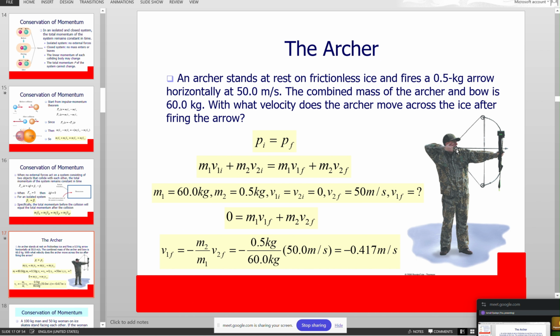So if the archer is firing an arrow going forward, it's going to have an effect. Once the arrow goes forward, you expect the archer and the bow to experience a rebound effect. They're going to shift, like adjust backward a bit. It's just a normal effect.